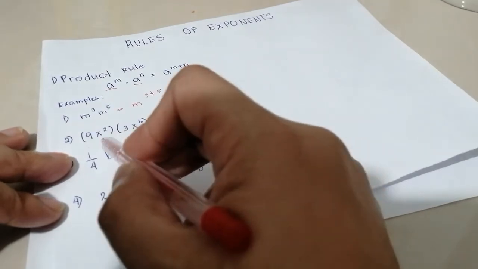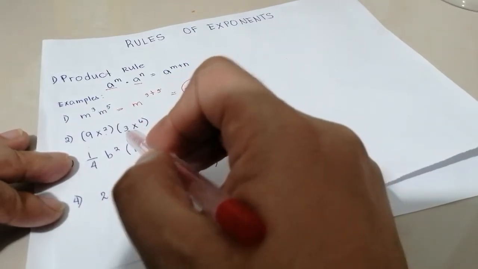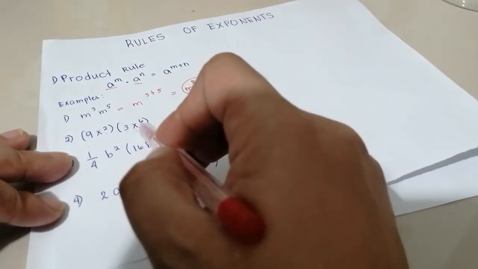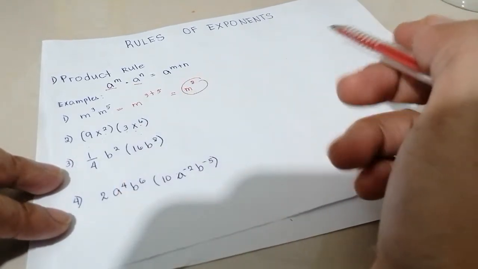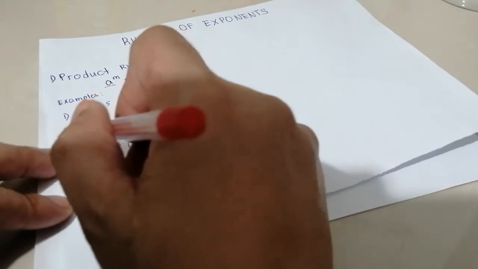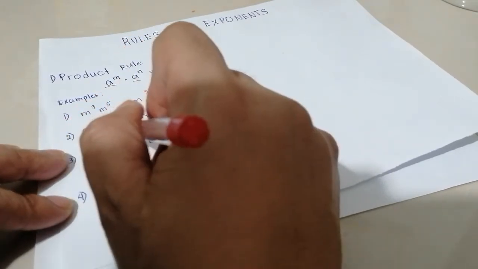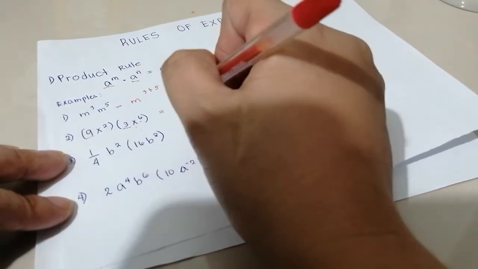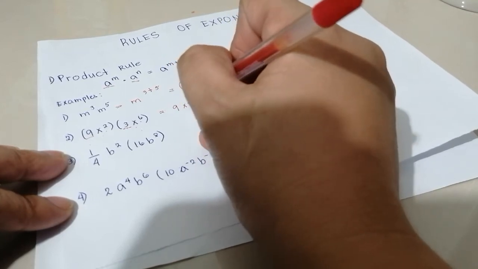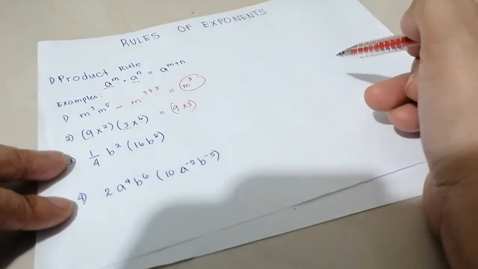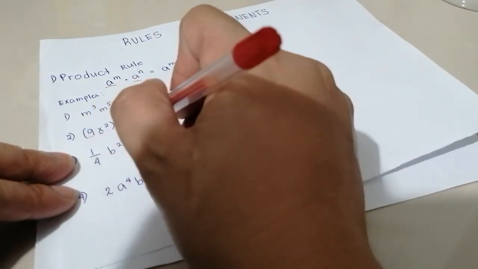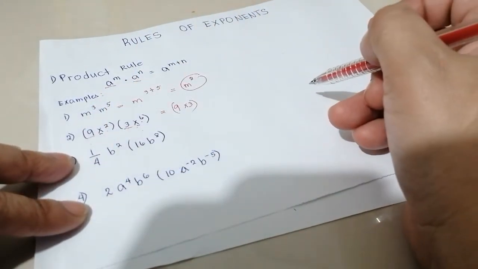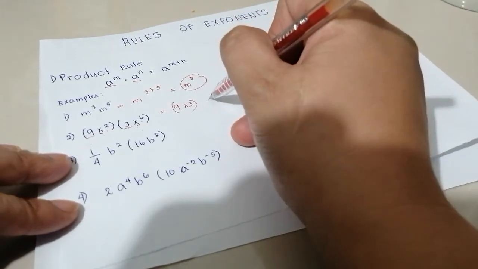Next, what if we have this? 9x squared times 3x raised to the 6th power. So, ang unang-una mong gagawin, you need to multiply 9 times 3. So, we're going to write it here, 9 times 3. And then after, kokopyahin lang natin yung bases na pareho, and that is x.